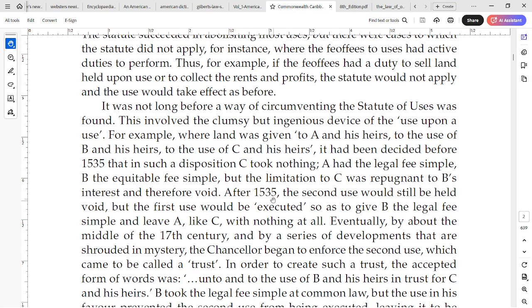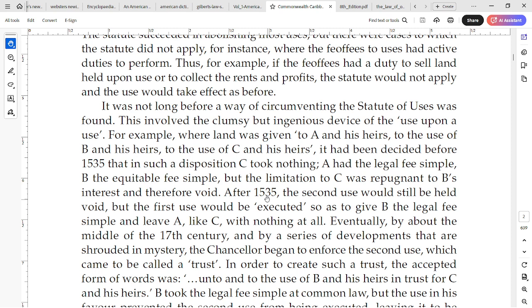After 1535, the second use would still be held void, but the first use would be executed so as to give B the legal fee simple and leave A, like C, with nothing at all.